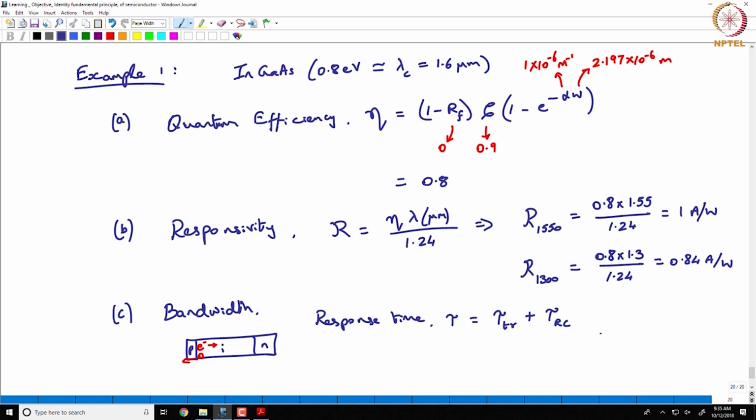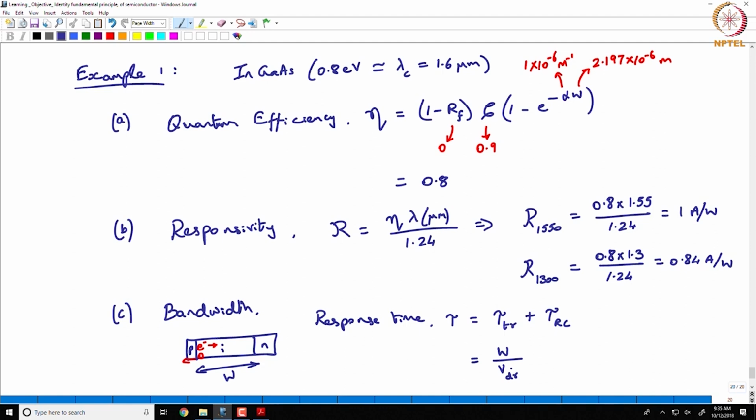So, we know that the transit time will correspond to transiting across this entire structure. So, this is of width W. So, you can write this as W over the velocity, right, and the velocity typically that we are considering is the drift velocity, which depends on the external electric field.